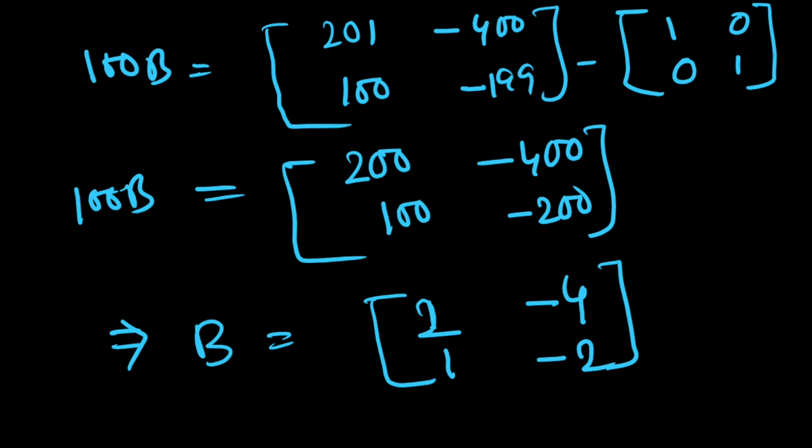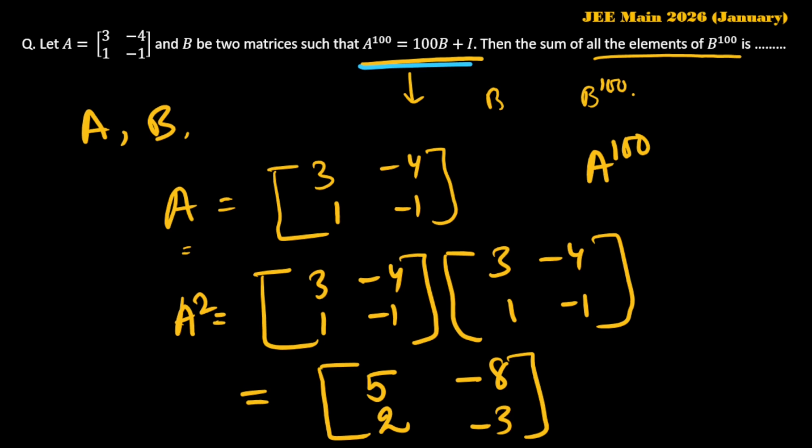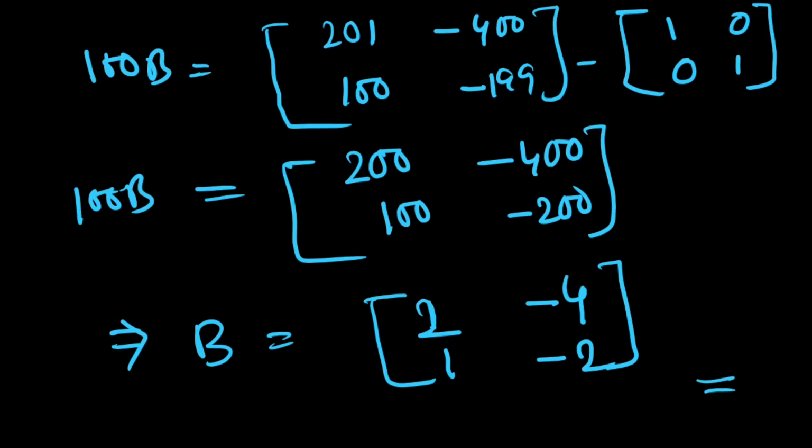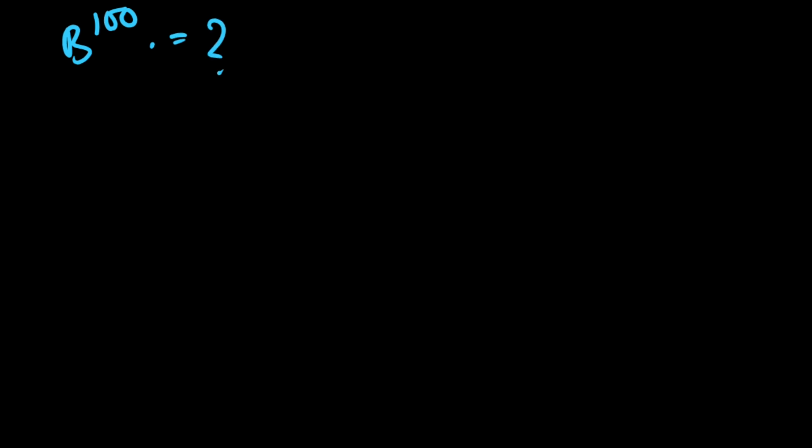Next we look at B power 100, because the question asks for the sum of all elements of B power 100. We have B equal to this matrix, so now we check the pattern of B's powers. B is [2, -4; 1, -2].